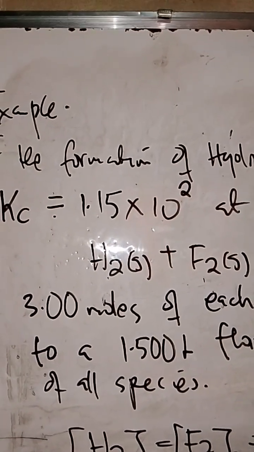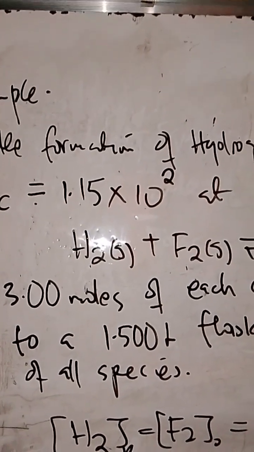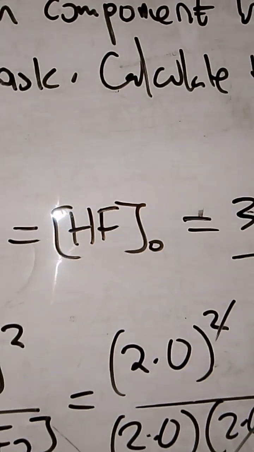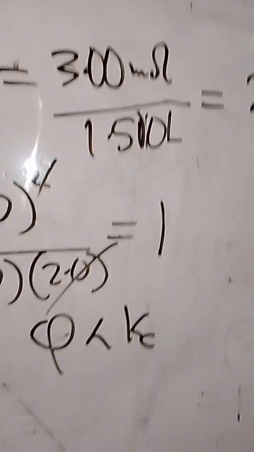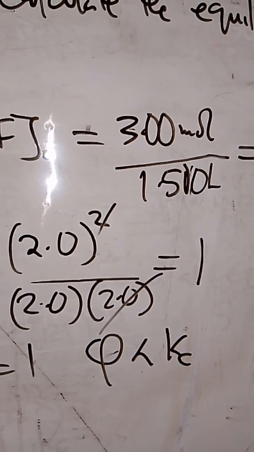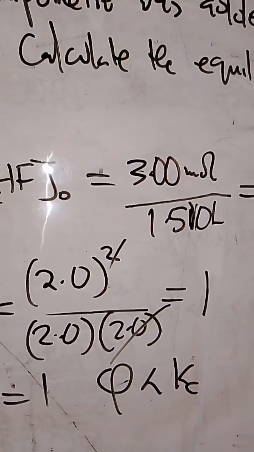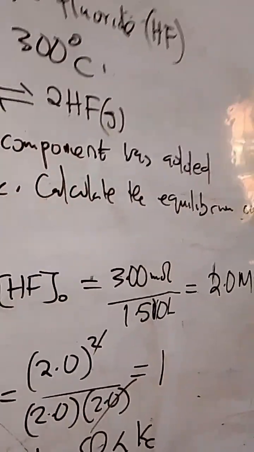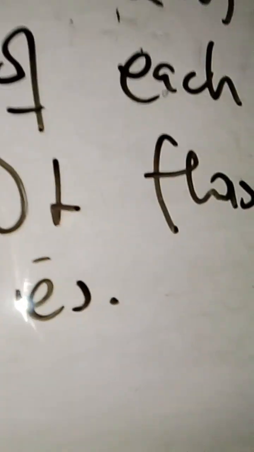Our Kc given is 1.15 times 10 to the power 2. So Q is less than Kc. So in this case, the reaction will move to the right to attain equilibrium. Okay, so we know the direction.